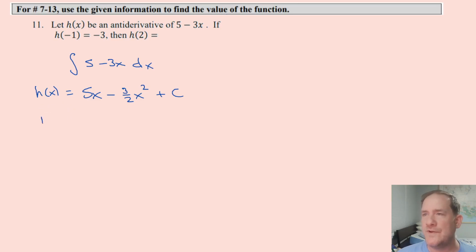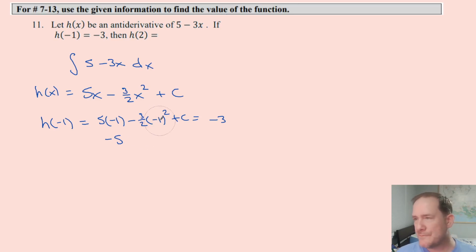And again, we know that h of negative 1 is giving negative 3. So that means 5 times negative 1 minus 3 halves times negative 1 squared plus c has to give us negative 3. So this is a negative 5 minus 3 halves plus c equals negative 3. So what is this?